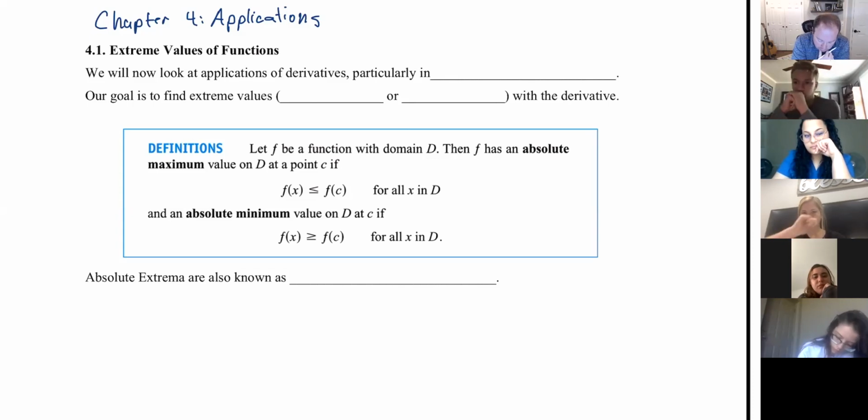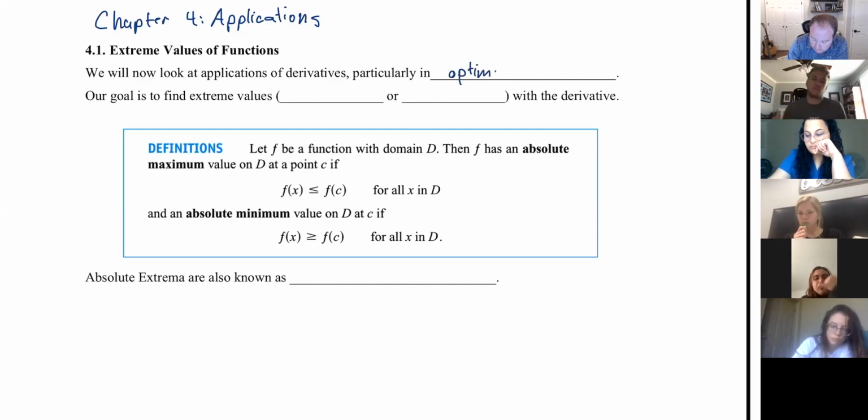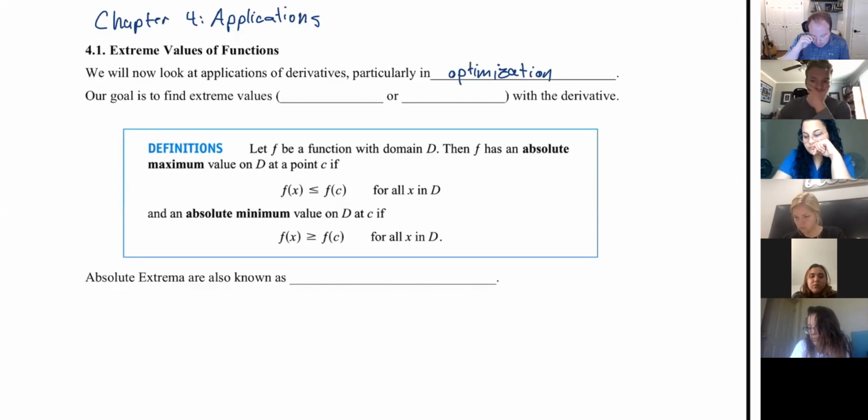All right, so we will now look at applications of derivatives, particularly in optimization. So our goal is to find extreme values. And again, what do I mean by extreme values? Things that are like maximums. So extreme values are maximums or minimums.